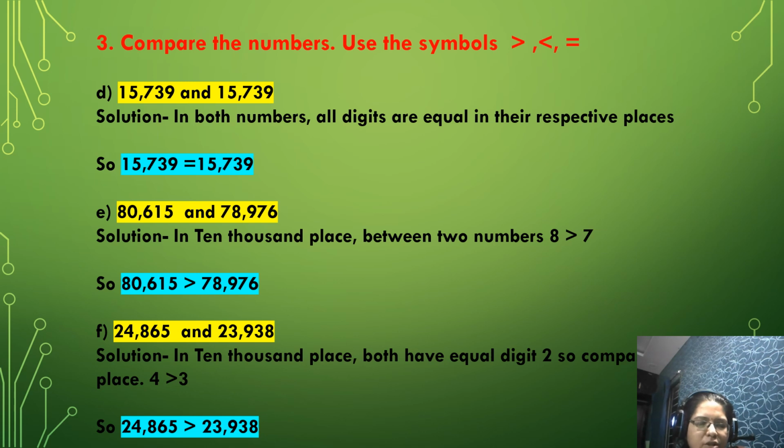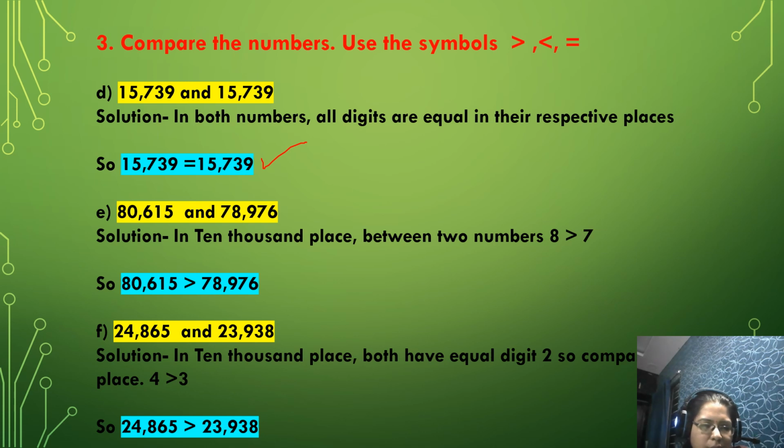So 15,739 is equal to 15,739. We place the equal symbol between these two numbers.